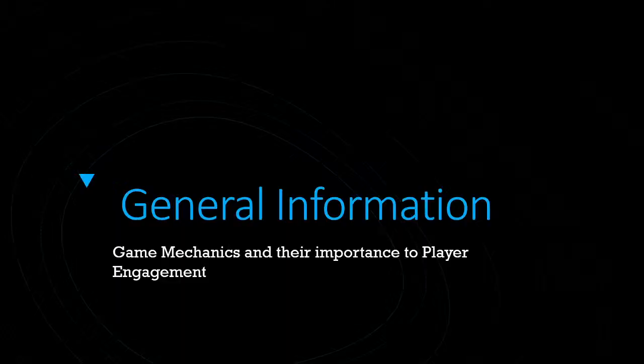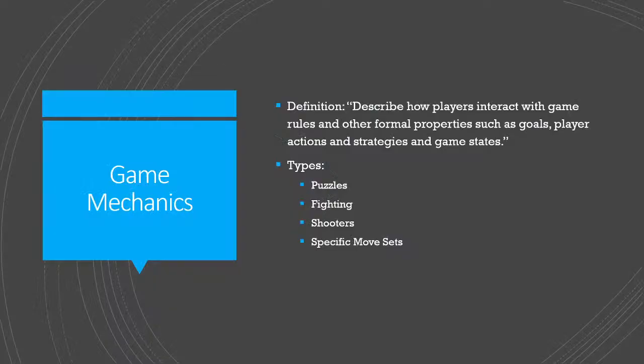So let's talk about game mechanics, their importance to player engagement, and what it means. Game mechanics, put simply, describe how players interact with the game and rules or other formal properties such as goals, player actions, strategies, and game states.